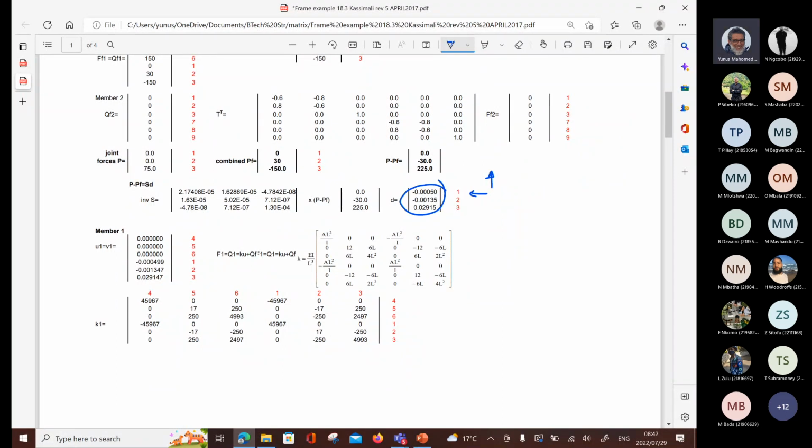I've got minus 0.00135, so that means it's going down, by 1.35 millimeters. And then I've got a rotation, which is anti-clockwise because that's the way the program works, and that rotation is 0.029 radians.